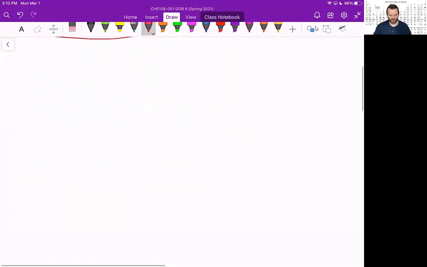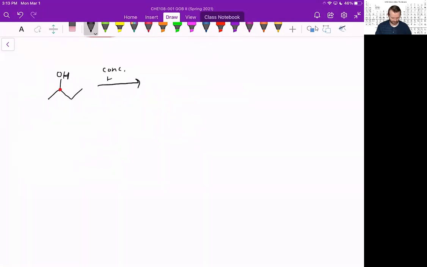But if you have an asymmetric alcohol, so what I mean by that is you've got one carbon to the left of the carbon that I'm highlighting in red. You've got one carbon to the left of it, two carbons to the right. So it's asymmetric from that perspective. You've got two possible products.